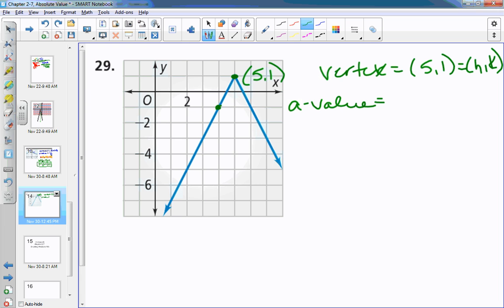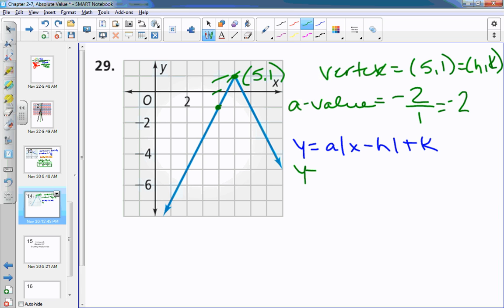Mountain, so does that mean is it positive or negative? Negative. So I'm going to go up 1, 2 units, and I'm going to run 1. So what's my A value? -2. So now plug it into your equation. And that's going to give me y is equal to -2, absolute value of x minus 5, plus 1.